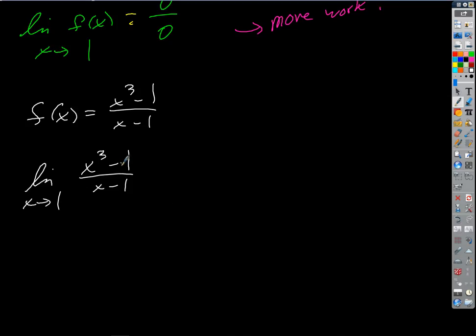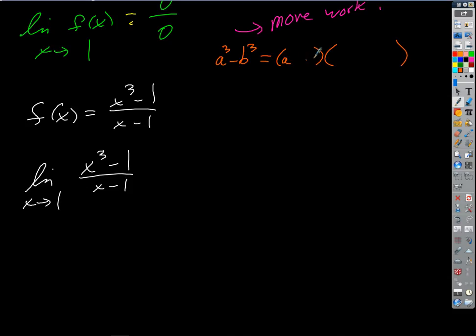So what's our pattern? This is good review. What's our pattern for a difference of cubes? Remember? Factoring pattern? Okay, we're going to get a linear and a quadratic factor, right? And here's how I remember this.